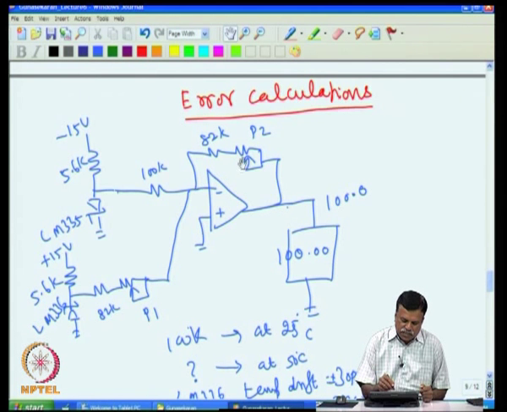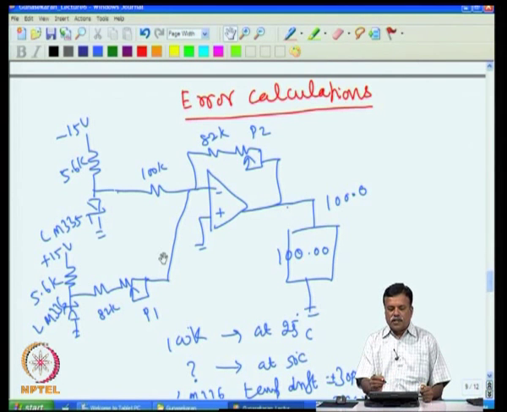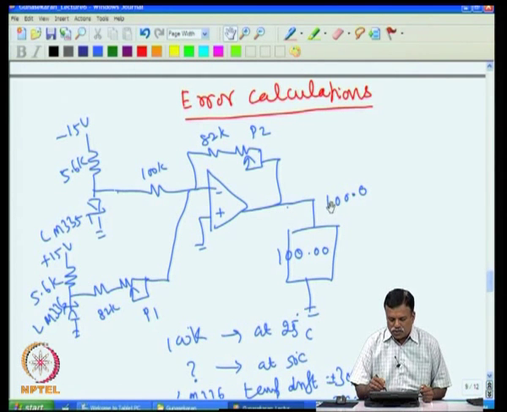This is to be repeated 3-4 times: first ice, adjust P1, then boiling water, adjust P2, then again ice, adjust P1, again boiling water, adjust P2, like that 3-4 times. If you repeat, then you will get 0 volt at 0 degree C and 1 volt at 100 degree C.